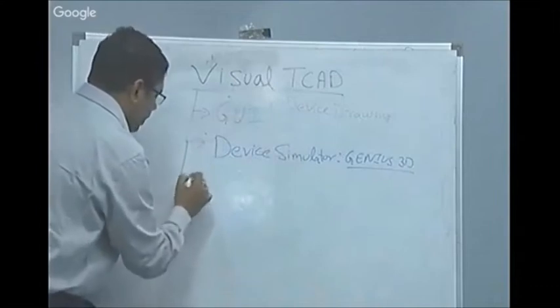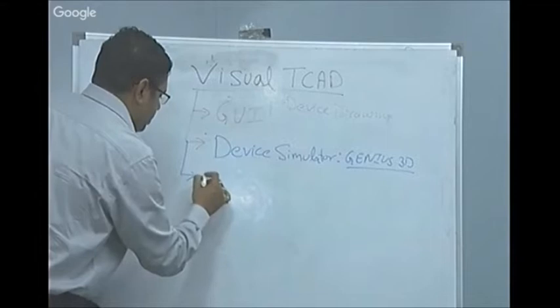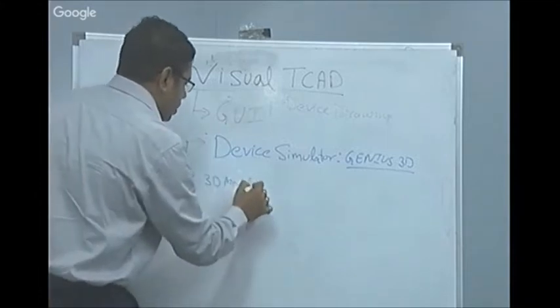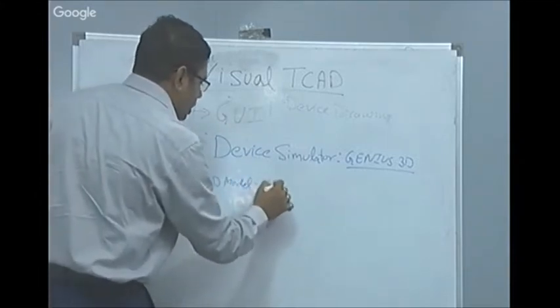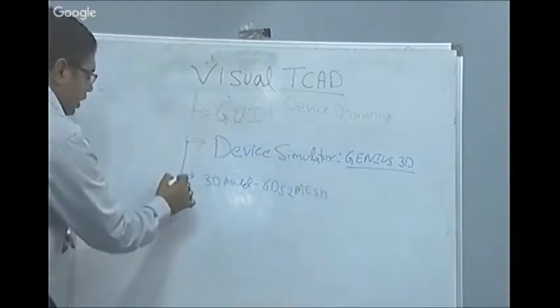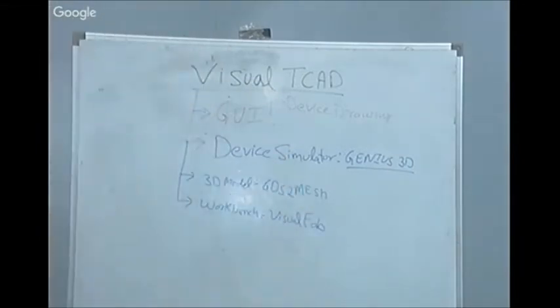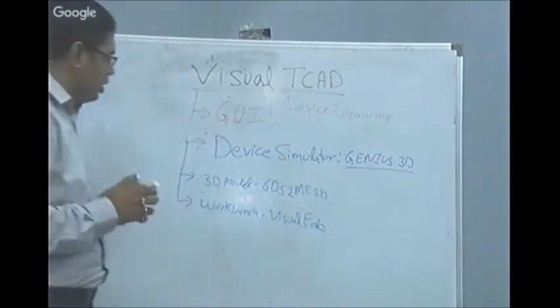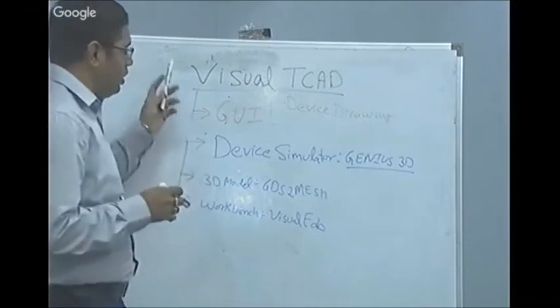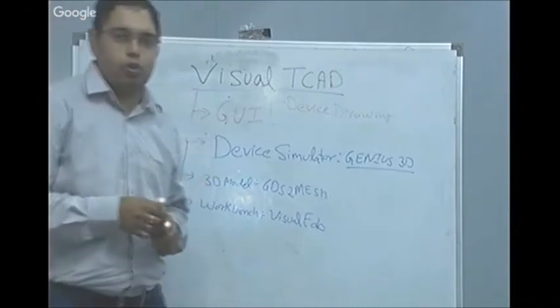Then we have a 3D modeling tool, that name is GDS2 mesh. Then we have a workbench module, Visual Pad. These are the modules that we have in our tool set.